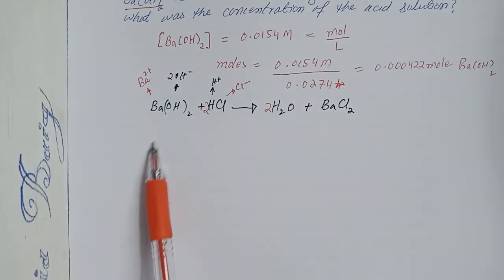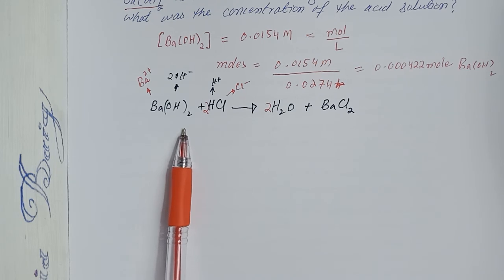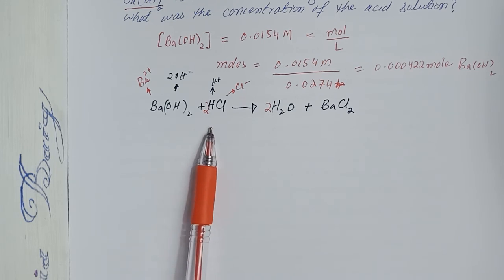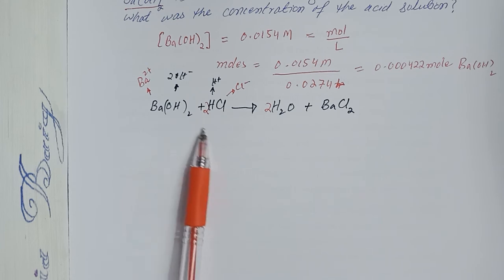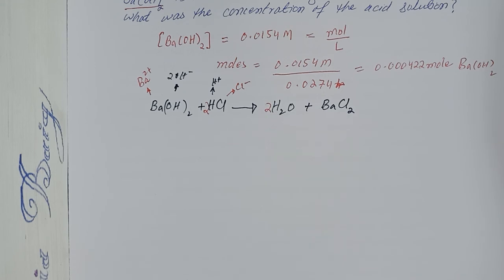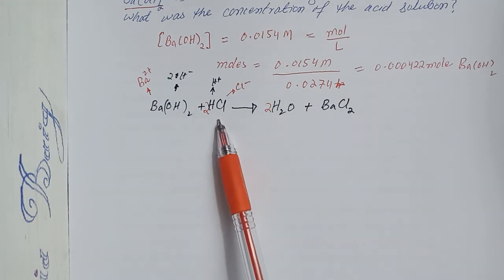Why? Because we can see from the balanced chemical equation that for each mole of barium hydroxide, 2 moles of HCl are used. So in this way we can figure out how many moles of HCl are in the solution.